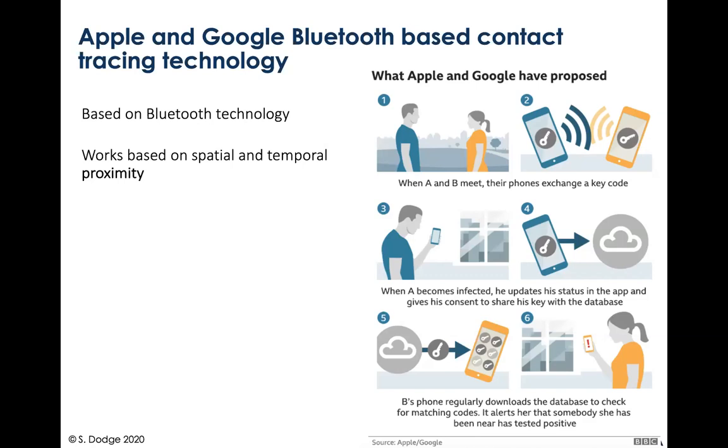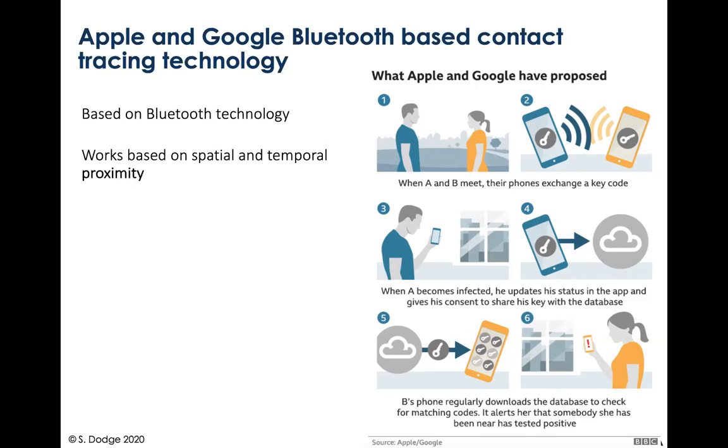However, it doesn't capture or store your location, but it captures how many devices you came into contact with, and it's based on the Bluetooth range and what your device sees.